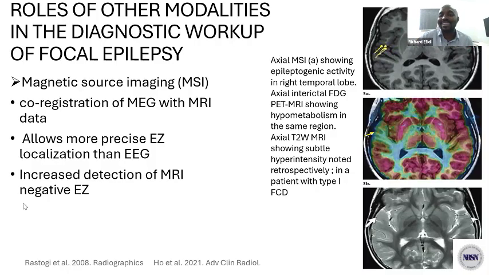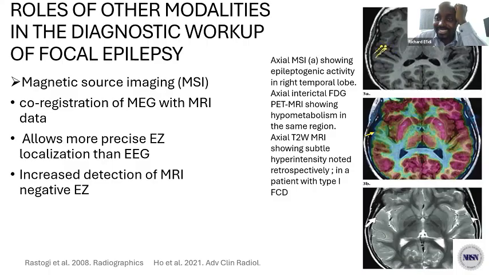It involves detection of magnetic field, unlike the electric field which the EEG detects. Magnetoencephalogram has a higher spatial and temporal resolution compared to EEG, and that is why it is preferred. So it allows a more precise localization of the epileptogenic zone than EEG, and of course is also employed in the detection of MRI negative epilepsy.